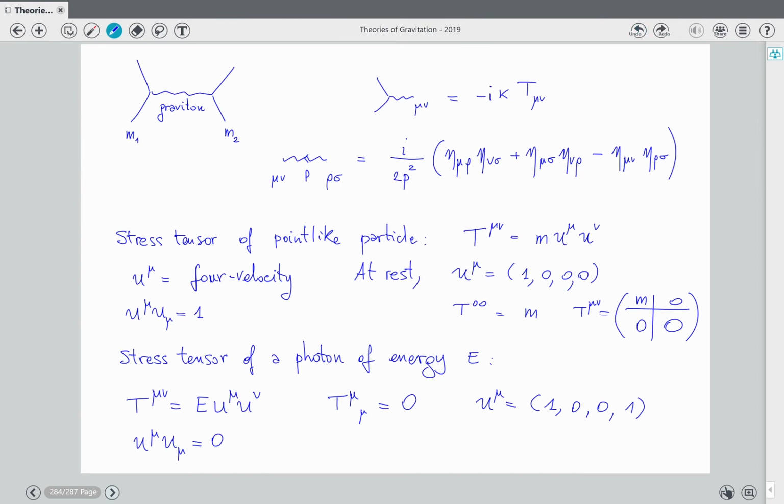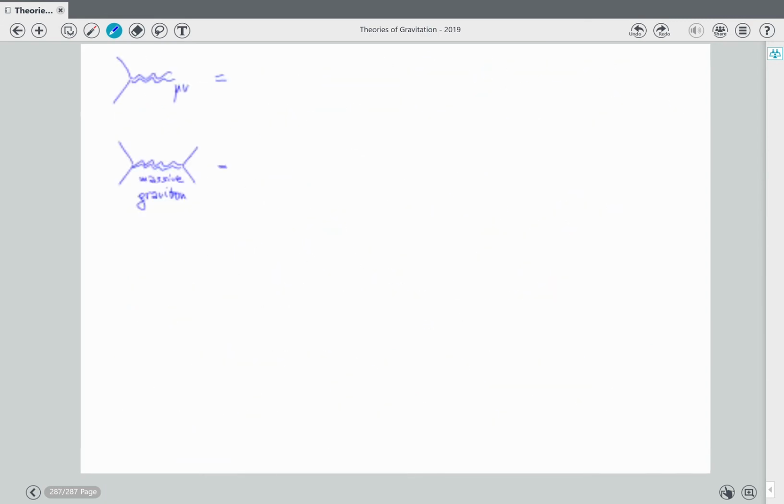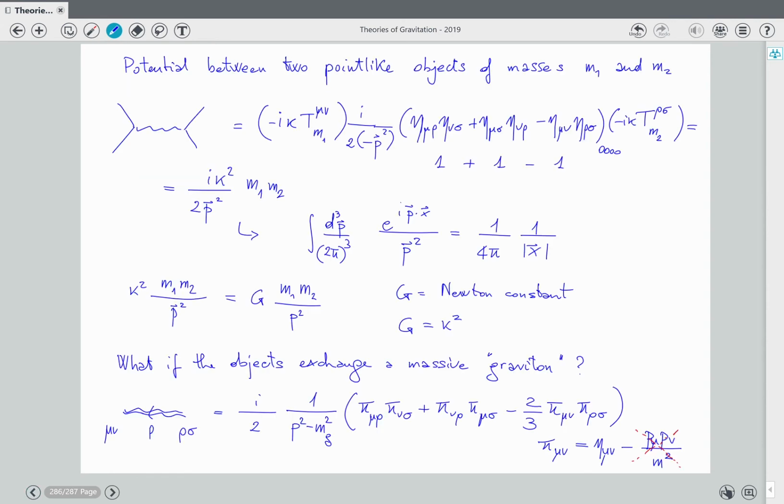So let's call it kappa G. And the only thing we know experimentally is the Newton constant. So we have to find a relation between the Newton constant and this kappa we have introduced.